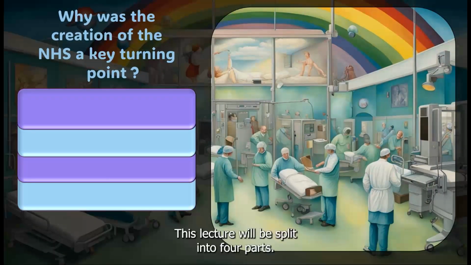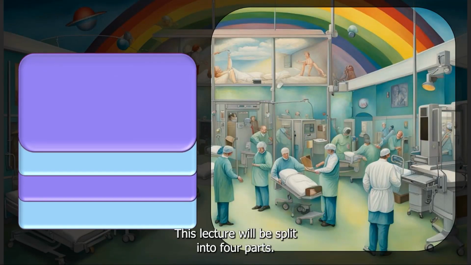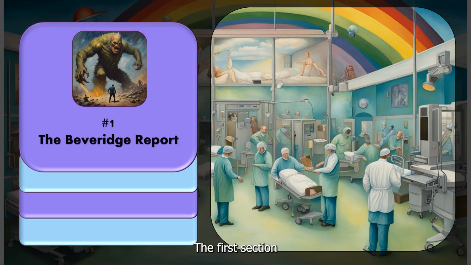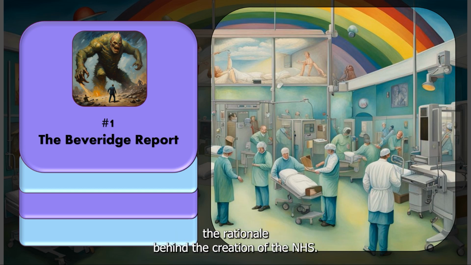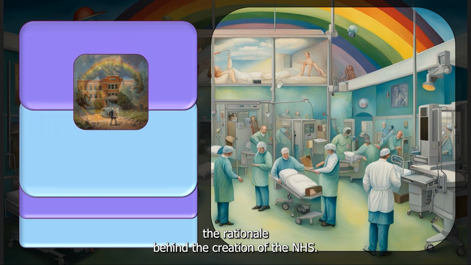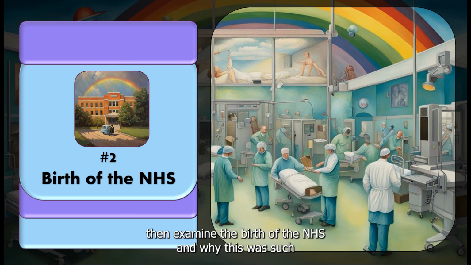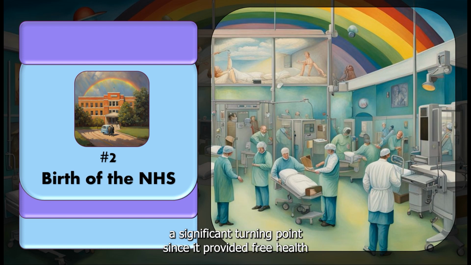This lecture will be split into 4 parts. The first section will study the Beveridge Report of 1942 to understand the rationale behind the creation of the NHS. We will then examine the birth of the NHS and why this was such a significant turning point since it provided free healthcare to all.